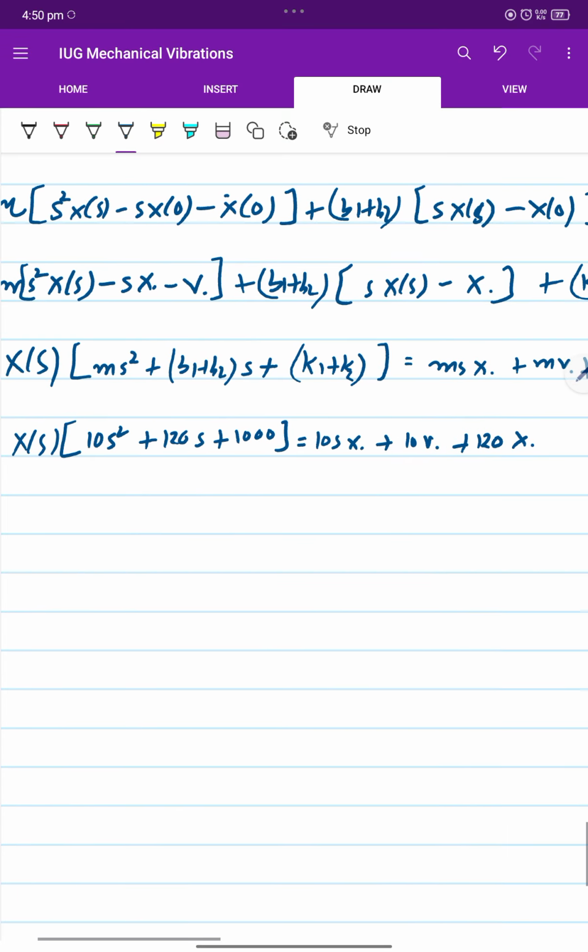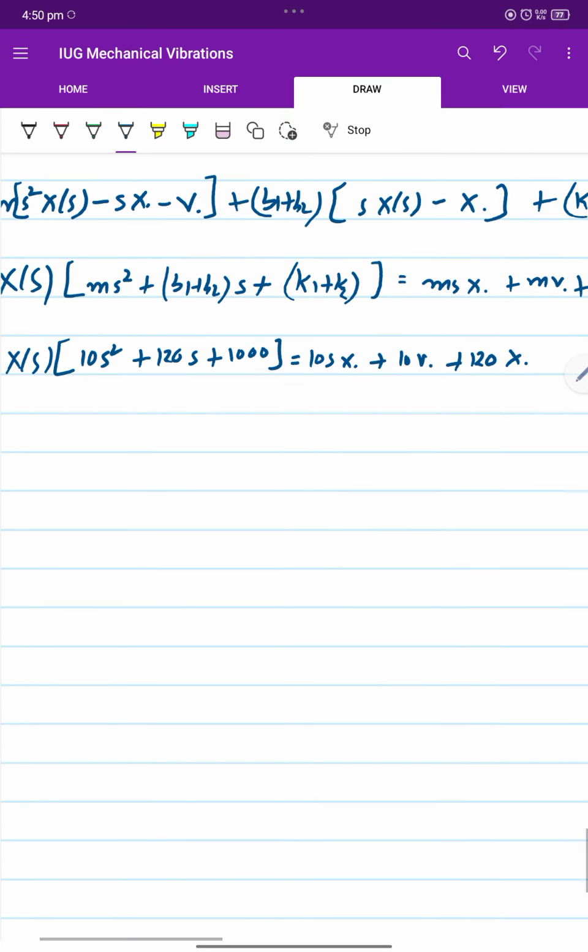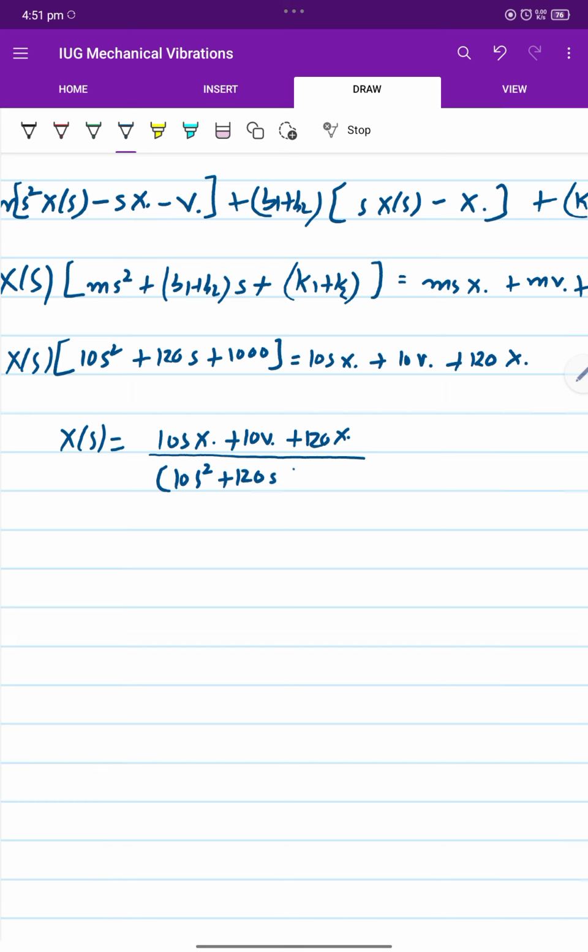So you can keep x of s here and the numerator 10 s x naught plus 10 v naught plus 120 x naught, and in the denominator you will have 10 s square plus 120 s plus 1000. So this is what you have.